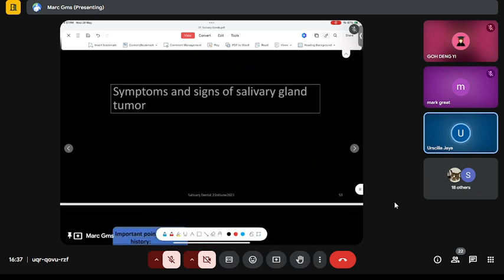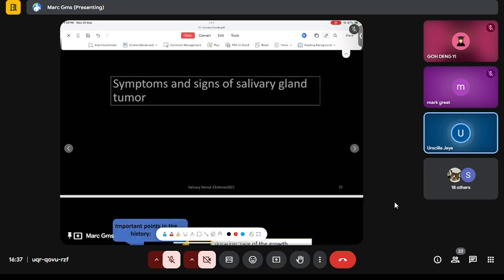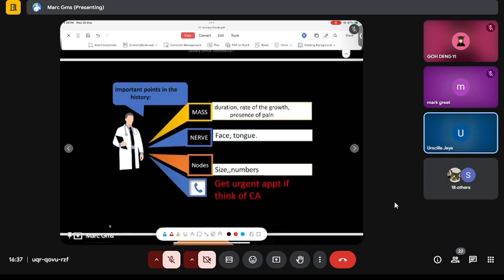Okay, symptoms and signs of salivary gland tumors. Basically you see the mass, like I said, the duration, the rate of growth, the presence of pain, and then the nerve, whether the facial nerve is involved or not, and nodes, whether there are any palpable nodes.